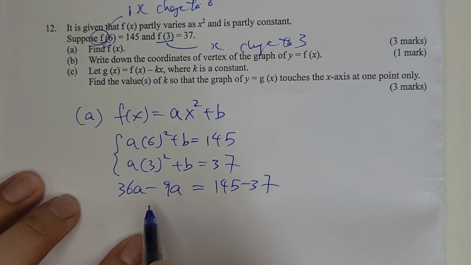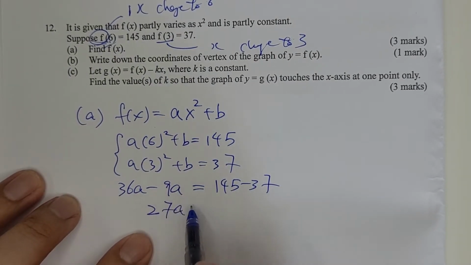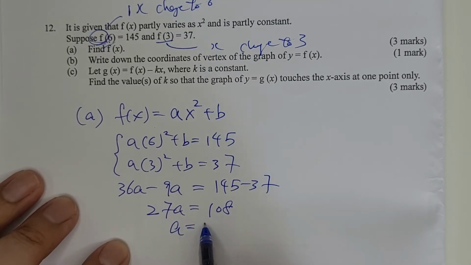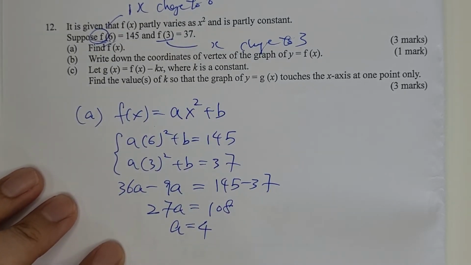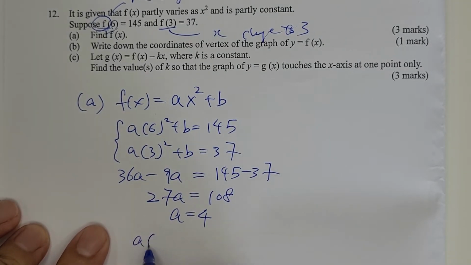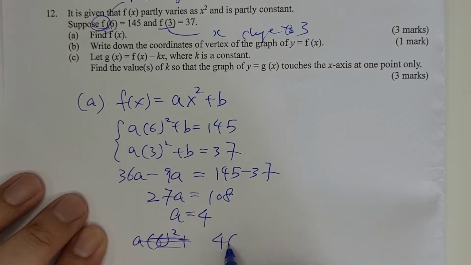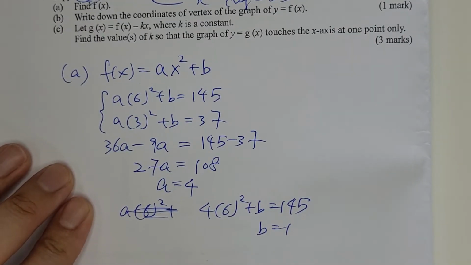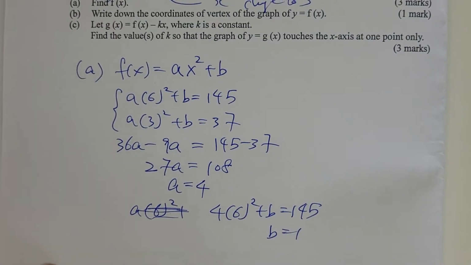And you will get 27a equals 108. a equals 4. When you get a equals 4, then you can find b. 4 times 6 squared plus b equals 145, and b equals 1. Therefore, you can write down f(x).